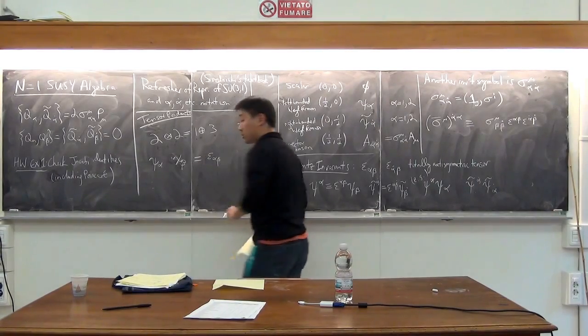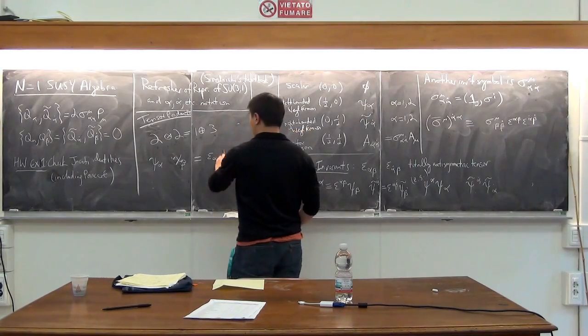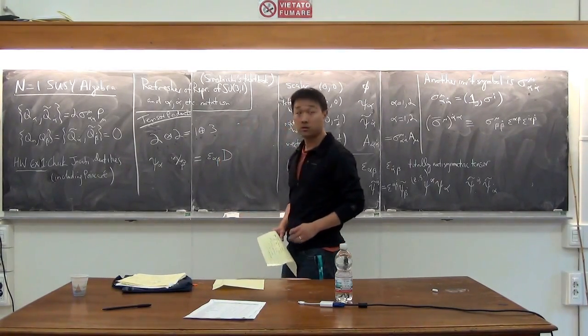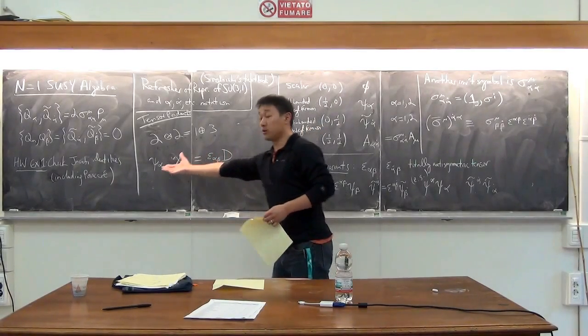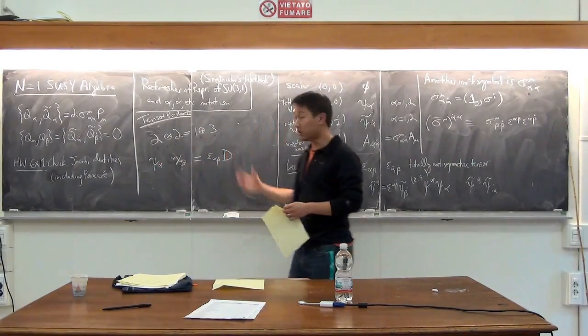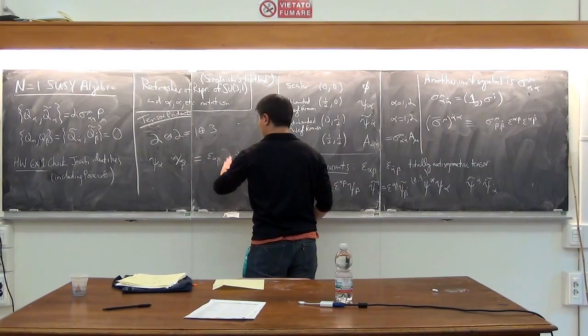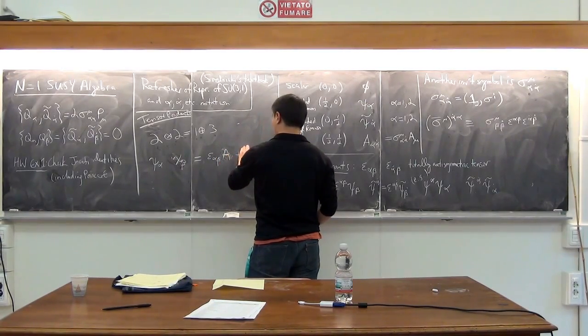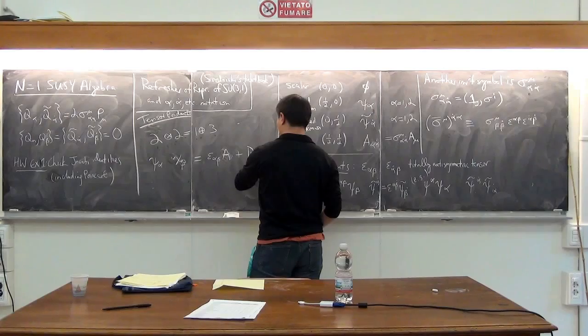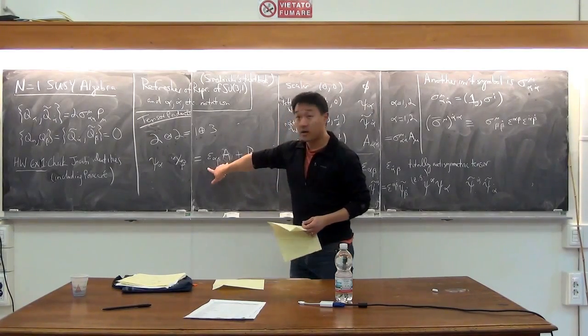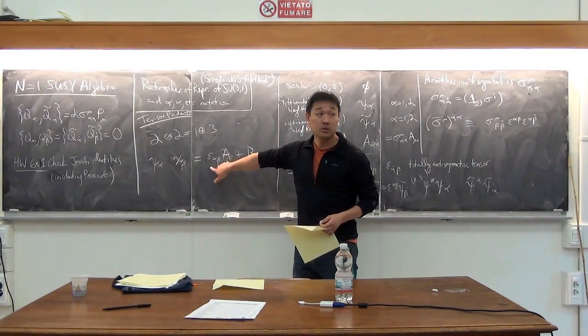It can either be proportional to epsilon alpha beta times some field times another field. Let me just call this A. Or it could be some object B alpha beta, where, if I take this part out, this is the anti-symmetric part, right?